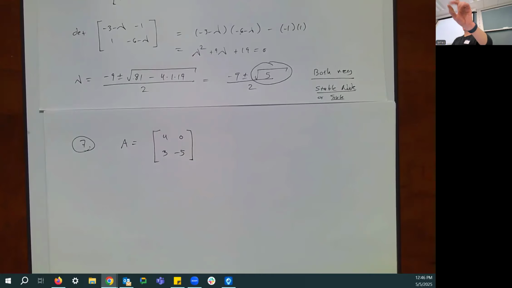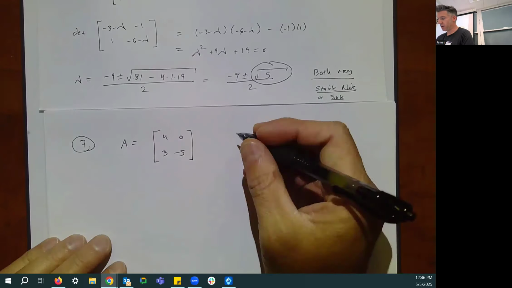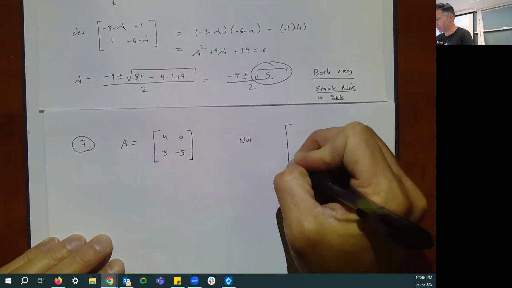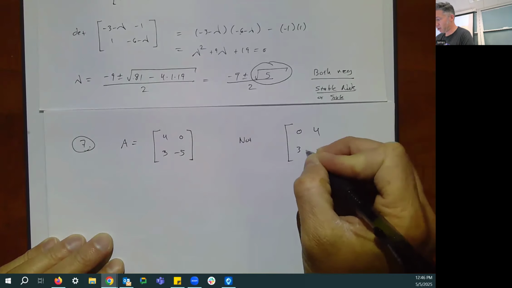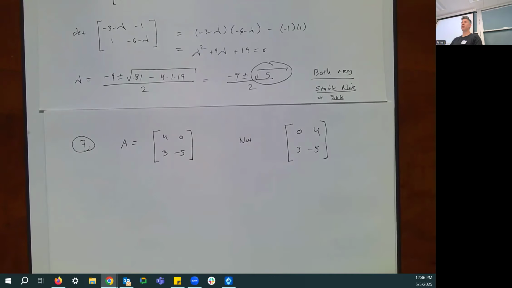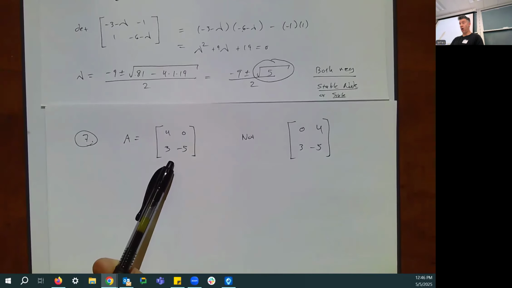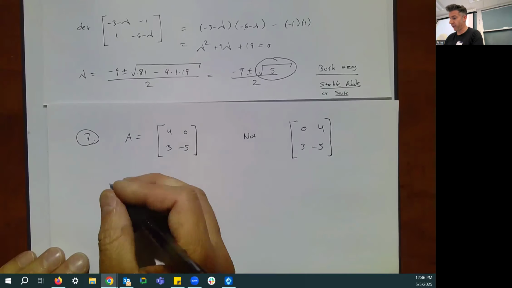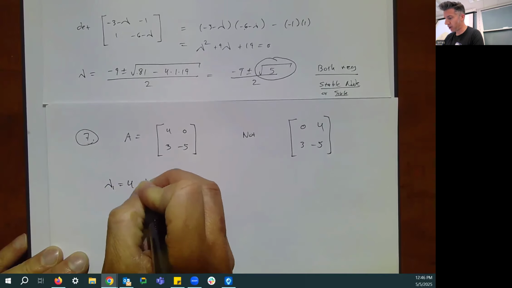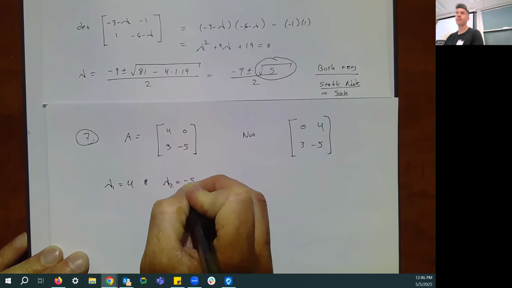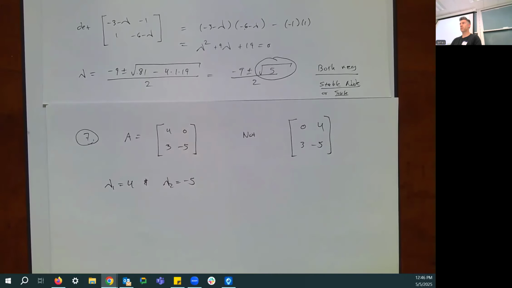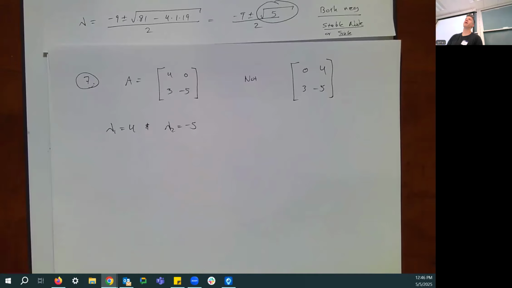So I want to point out the 0. This matrix I'm about to write would not be easy. You'd have to work to find the eigenvalues there. But here, all of you should be able to tell me what the eigenvalues are. The eigenvalues are 4 and -5, which means we have what? A saddle.